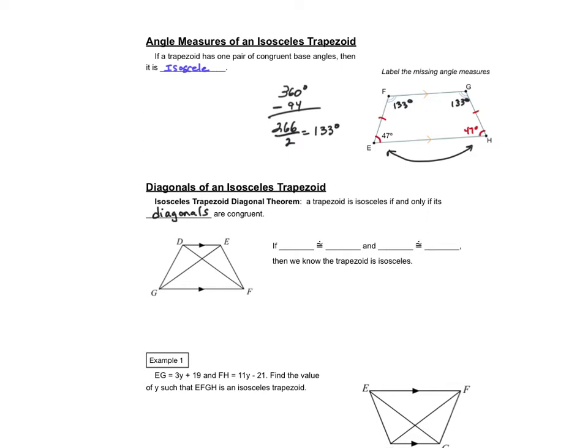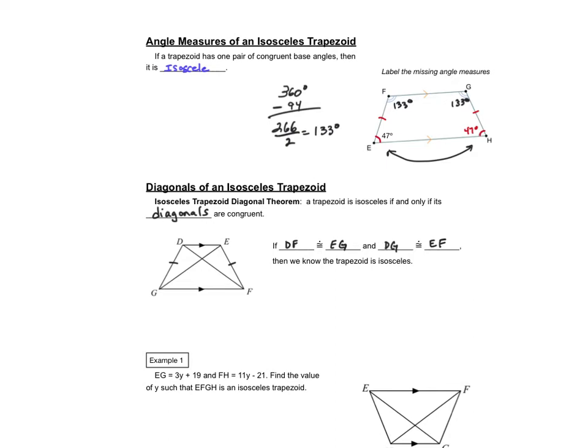So in this case, if segment DF is congruent to segment EG, and if DG is congruent to EF, then we know that the trapezoid is going to be isosceles. What other information can we come up with?